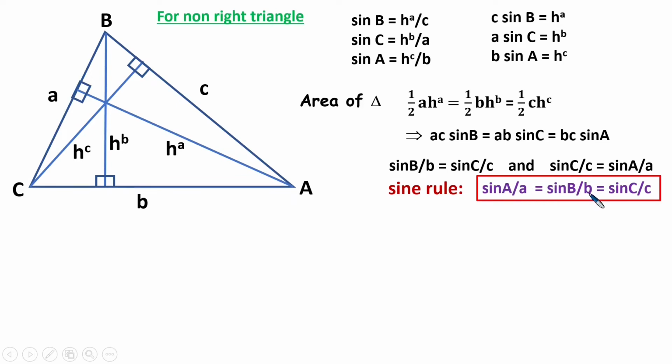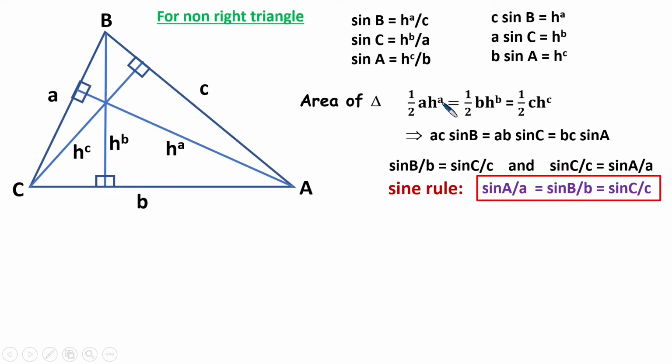So how do you get this rule? It is very simple. We find the area of these triangles. For this triangle, the area is half A times HA, which I have written here. Similarly, for this triangle, I take half base B times HB, and for this one, from base C, I write half C times the height HC.